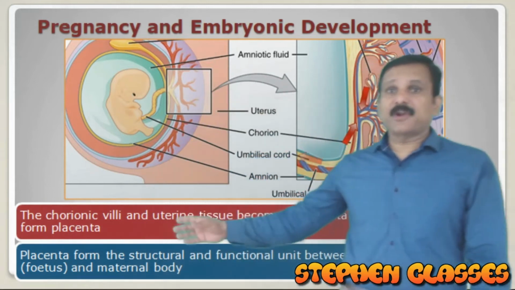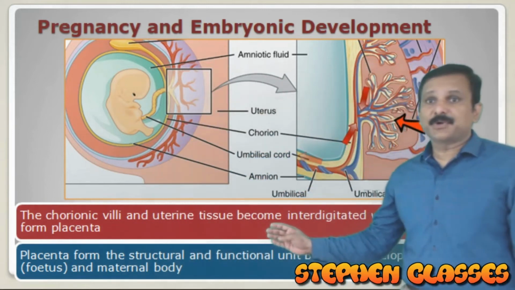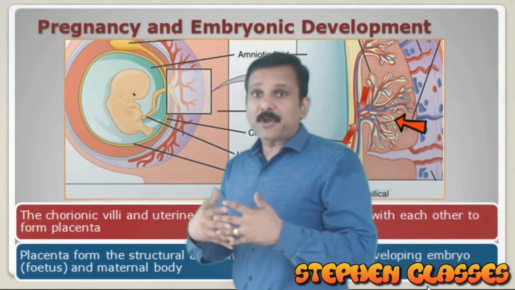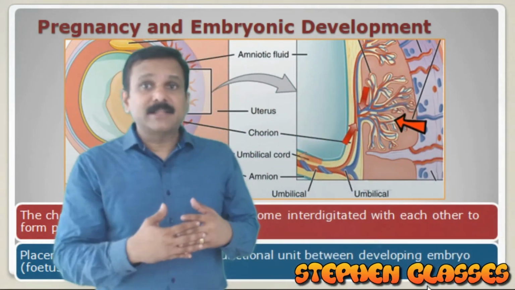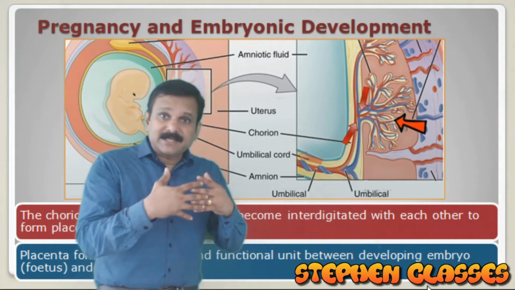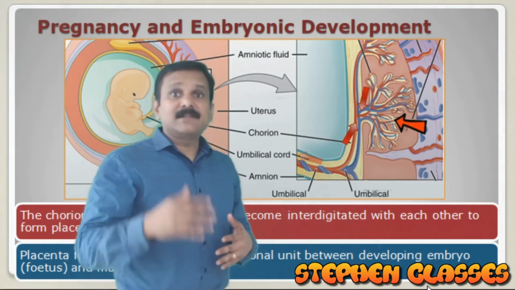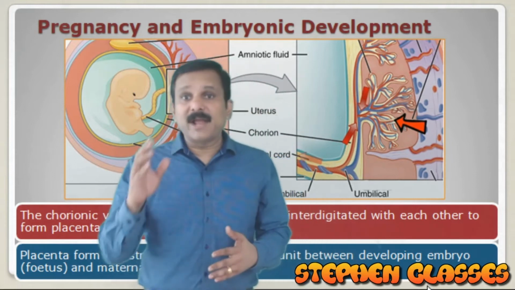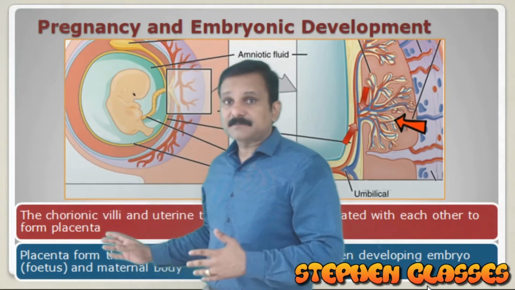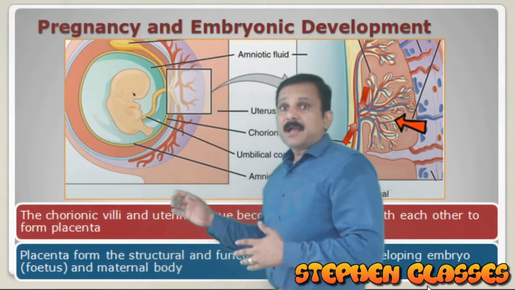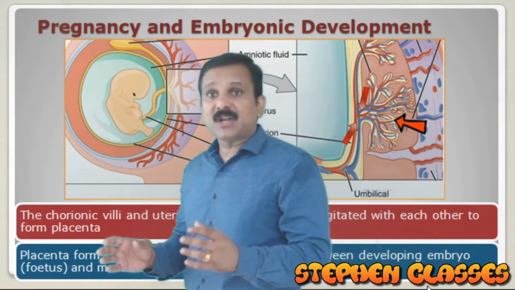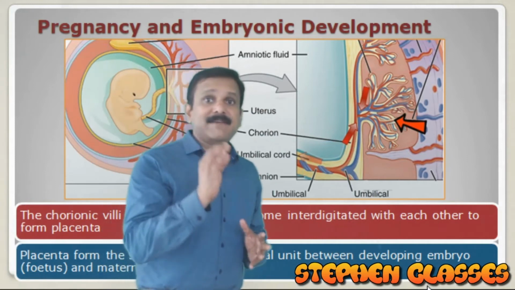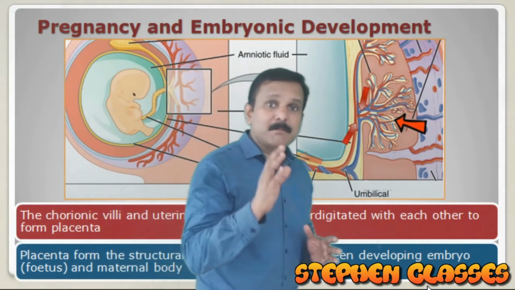Here chorionic villi and uterine tissue become interdigitated with each other, and that structure will lead to the formation of the placenta. The placenta is the structural and functional unit, a connection between the developing embryo and the mother.